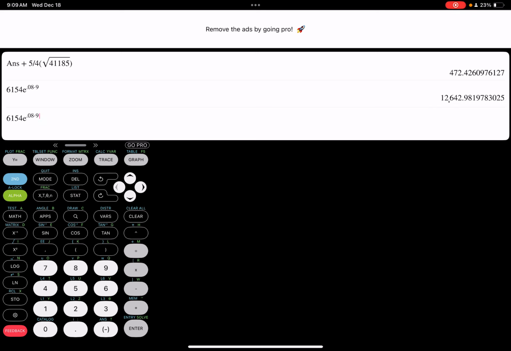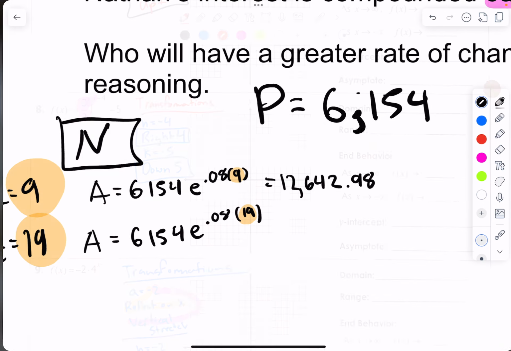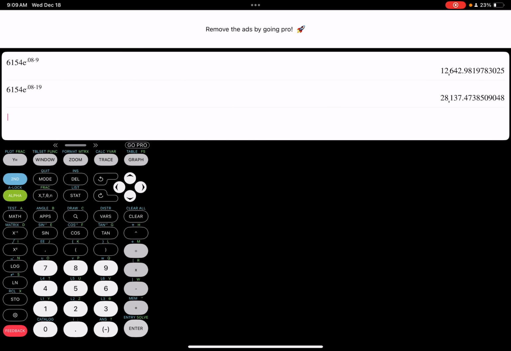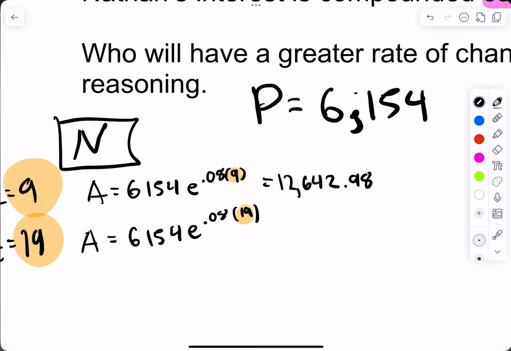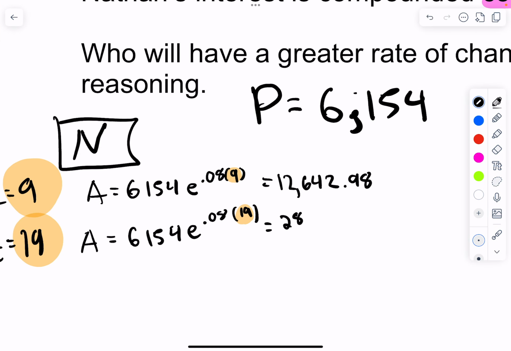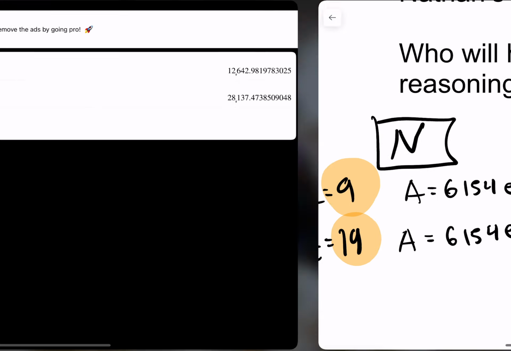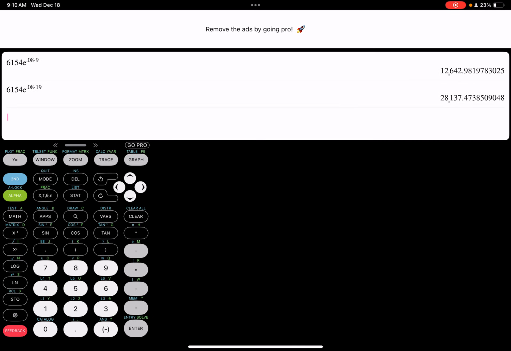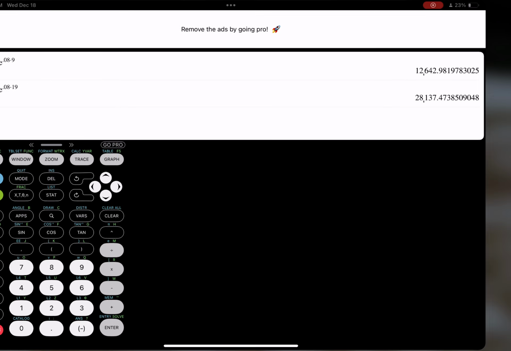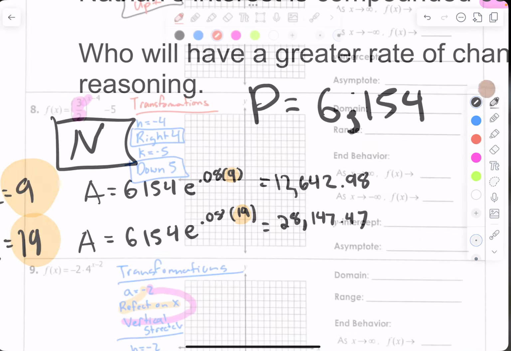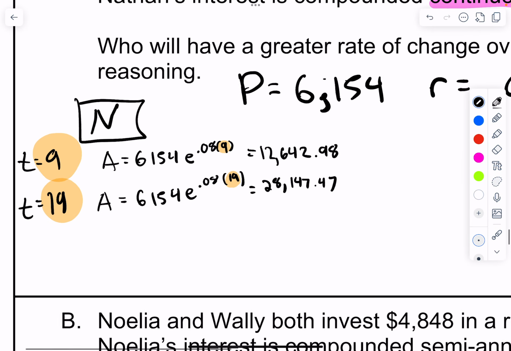Okay, and then I'll just go back up and put 19. I might be coming down with something. Oh dear, I have to hit enter. Okay, so that's going to be $28,137.47. Double check that. Okay. Those are my 2 calculations.